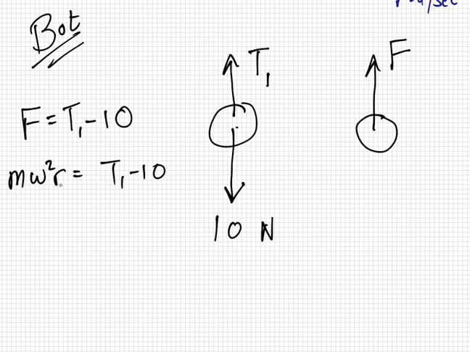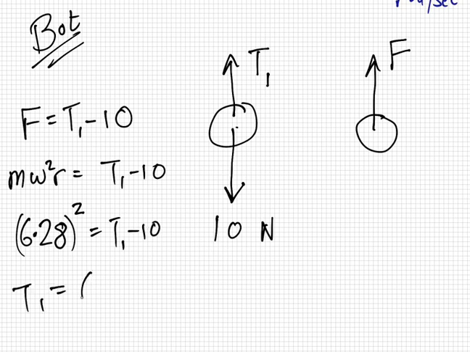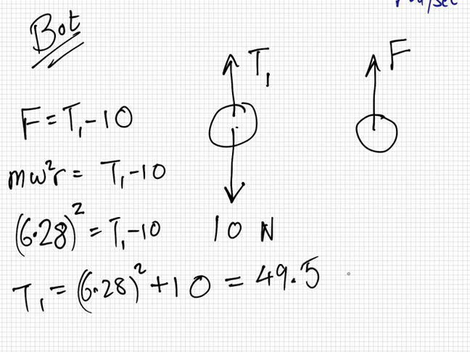Omega? 2 pi, so 6.28 squared equals T1 minus 10. So T1 equals 6.28 squared plus 10. What's that, please? Is it going to be about 49? 49.5. 49.5 newtons.